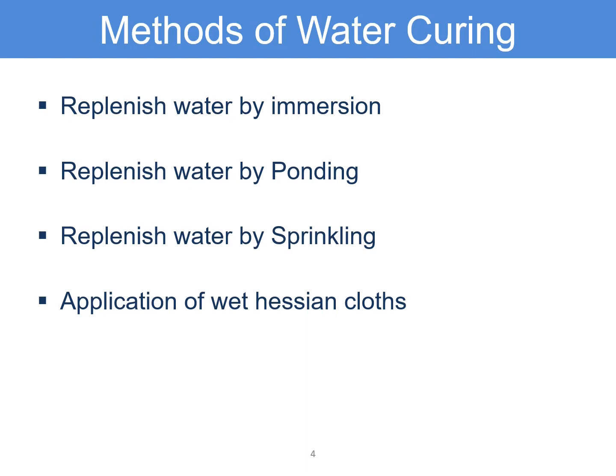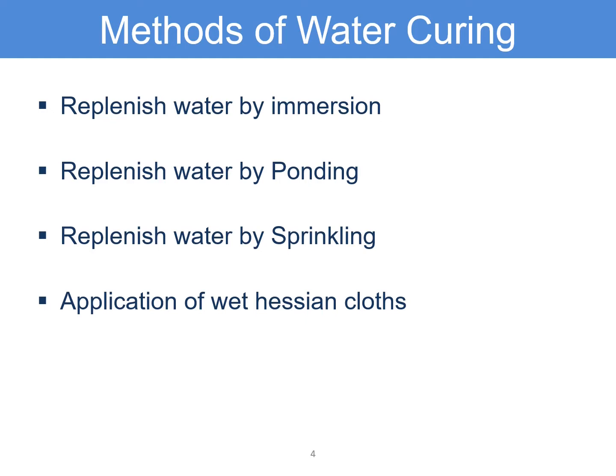That means you prepare a pond type structure on top of the surface, mainly used in slabs, where you make small bunds either with clay or with mortar materials, and then apply water on top of it, so that a layer of water is always there on top of the surface of the concrete.